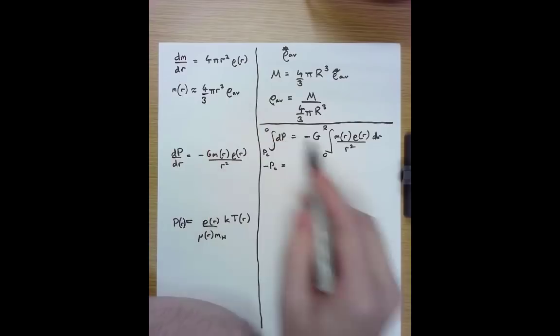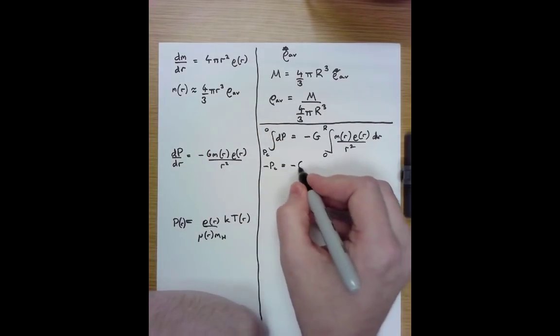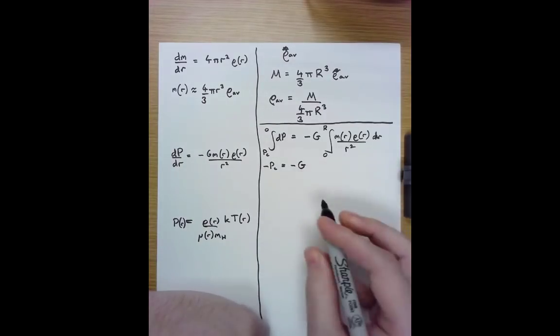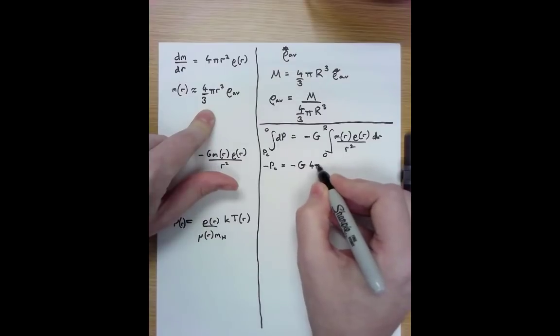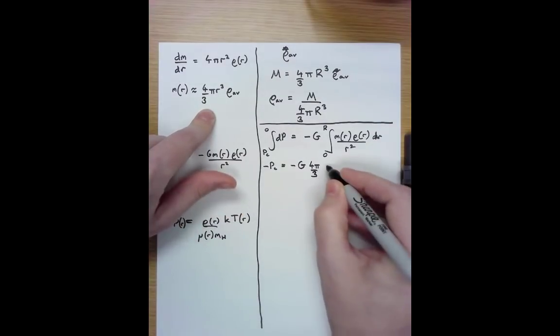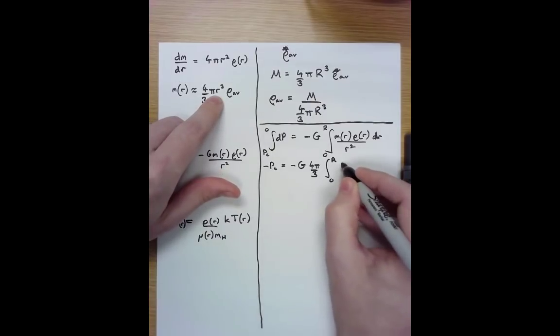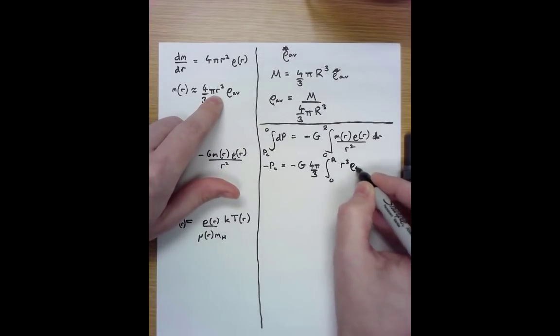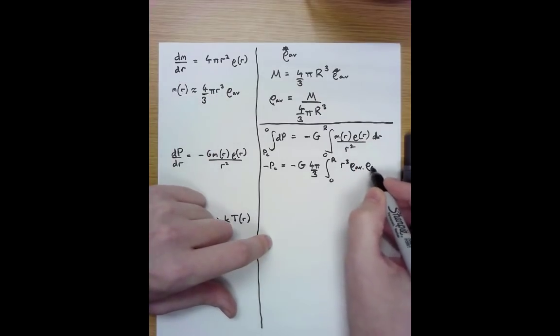So inserting this into here and replacing this rho with rho average and pulling the constants out, we get minus G times 4 pi over 3 times the integral from 0 to R. We're left with an r cubed here times rho average. We're left with another rho average from that, and we're dividing by r squared.